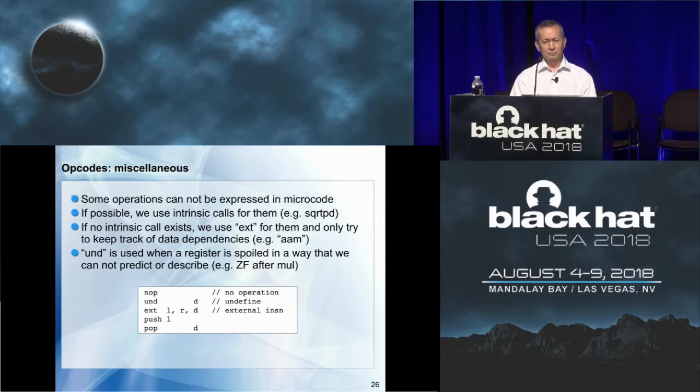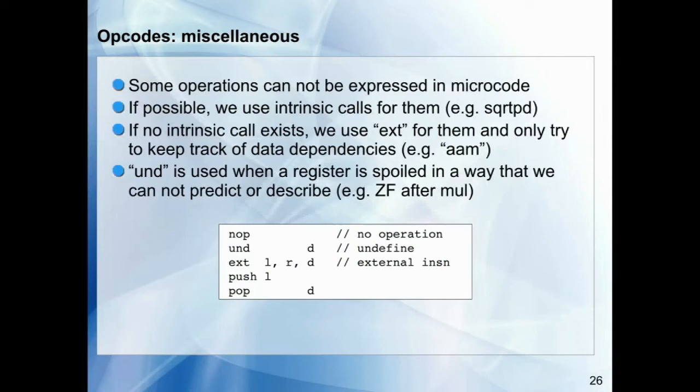And finally, we have the last group, called miscellaneous. The most interesting instruction here, I think, is the external instruction, because some processor instructions cannot be expressed in microcode. Take something like load interrupt descriptor table or system call or square root.